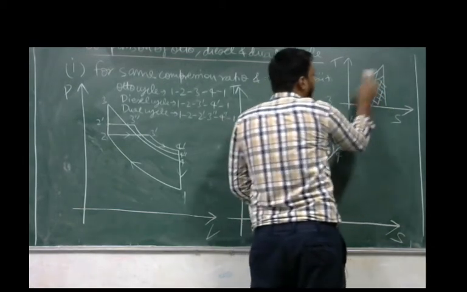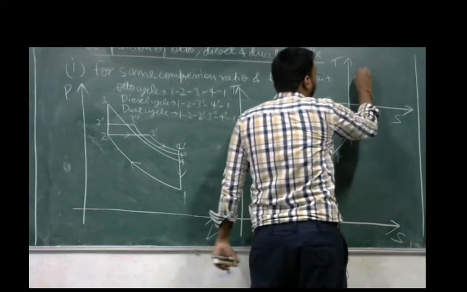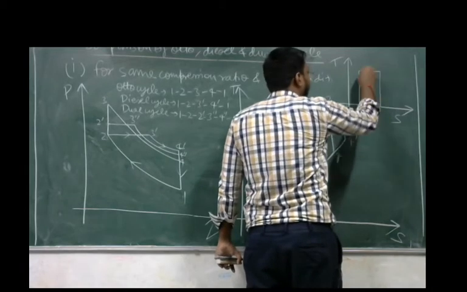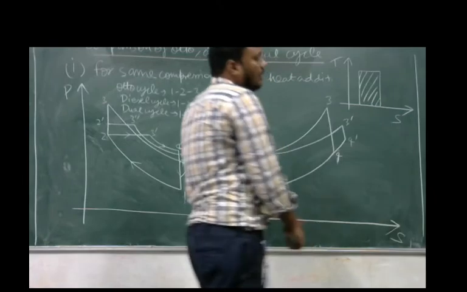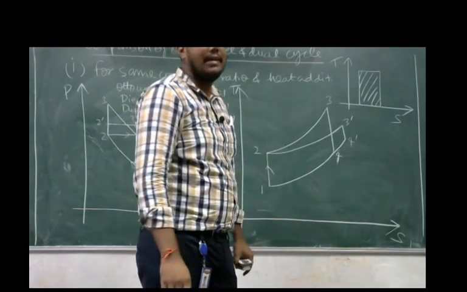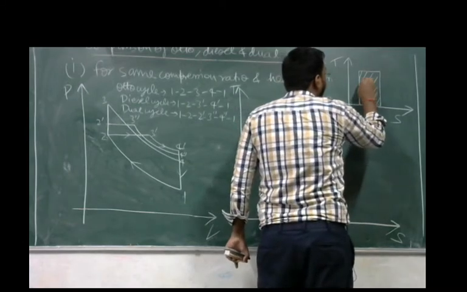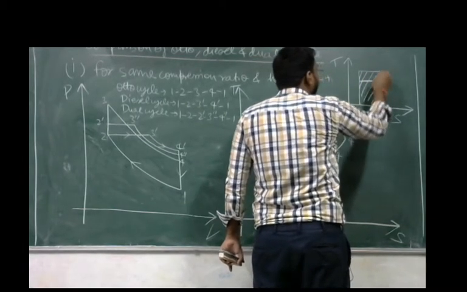Take an example like this. If this is a small line, and this is the area, and we need to keep the area the same, but the line is below this line. If you draw a line below this line, then the area will decrease by this amount.